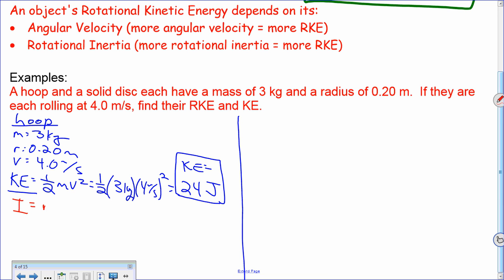It is MR squared. So let's see, our mass is 3 kilograms. Our radius is 0.20 meters. Don't forget to square it. Do that and you get 0.12 kilogram meters squared. So there's my I.